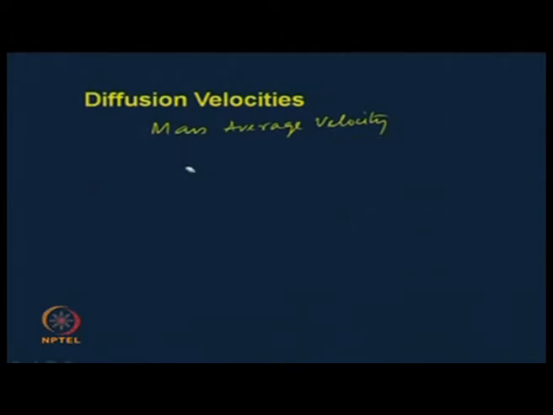So, the mass average velocity is defined in terms of mass concentration.